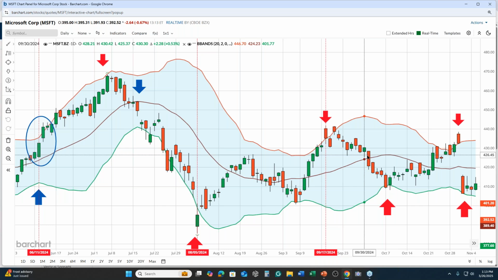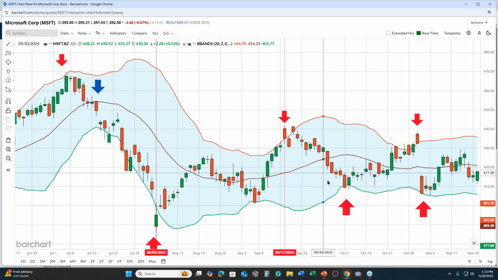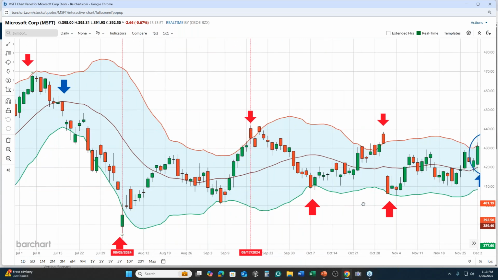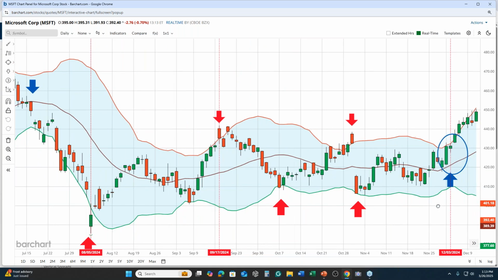Now, it's not uncommon that we will traverse from band to band, especially in an extremely oversold or overbought extended condition, or, which is common, when the market is establishing a new consolidation range as it bounces between coiling bands that are getting narrower and narrower. And then eventually we do see that potential breakout.